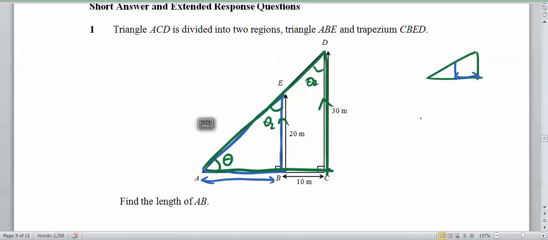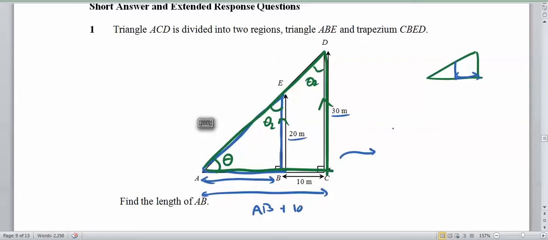So let's have a look at what we know. We know this length of this triangle, but we don't know the whole length of the bigger triangle. We do know that it is AB, the length AB, plus 10. So let's go ahead and do that. I'm going to use the bigger triangle first.